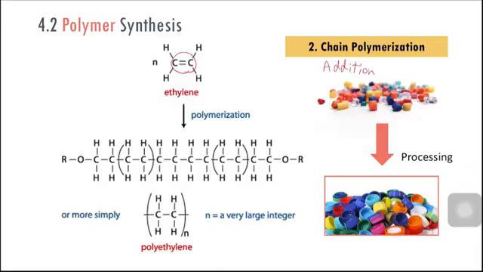Again, look at this slide. Polyethylene contains the double bond, and after being attacked by the radical or the initiator, it will connect to the second unit, third unit, and make the long chain polymer.